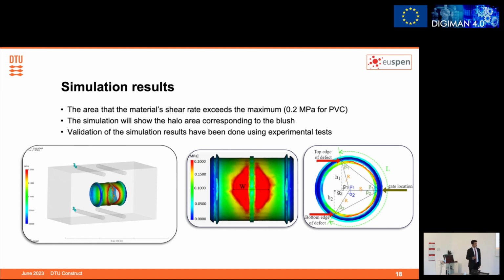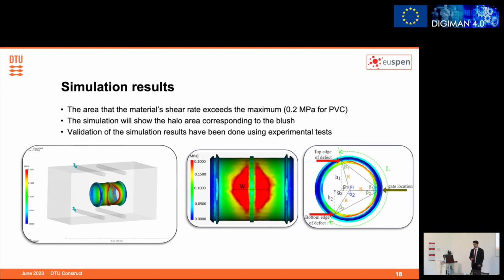For example, for the PVC material we used, this amount is 0.2 megapascal. So if the material shear rate exceeds this amount, we can see blush defect in this area, which you can see as a void here. But for clarity, I made this area red to avoid confusion. So basically, this area is where the blush defect occurs.